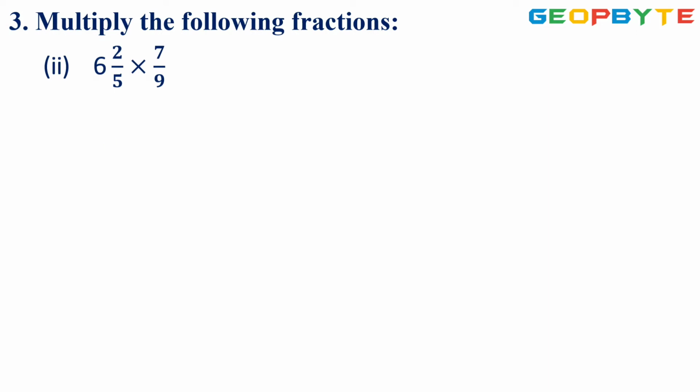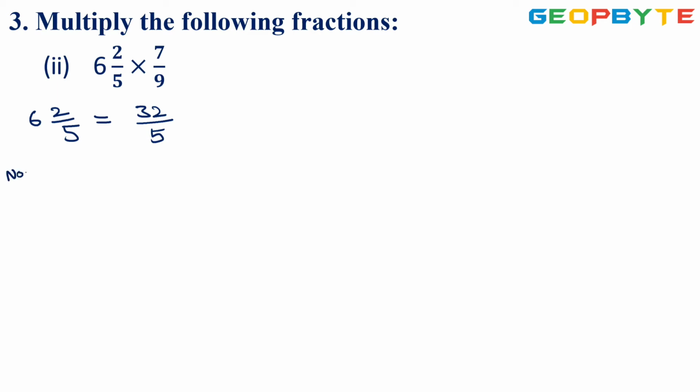Next, second question. 6 2 by 5 into 7 by 9. So first convert the given mixed fraction into improper fraction. 6 2 by 5. So 5 6s are 30 plus 2, 32, is equal to 32 by 5.